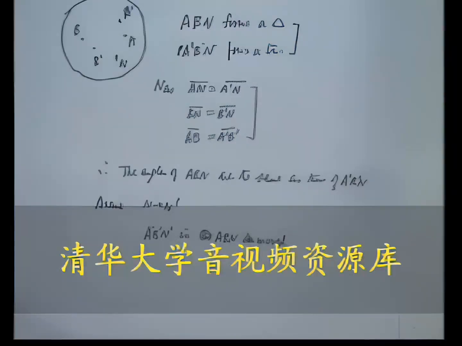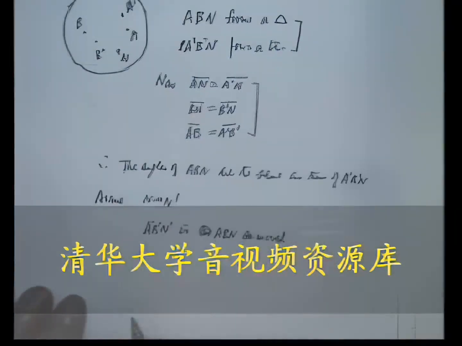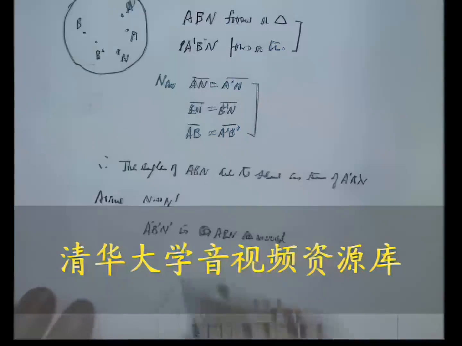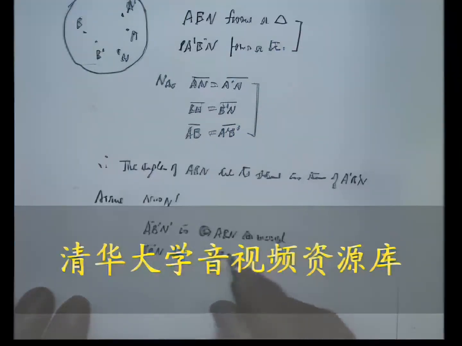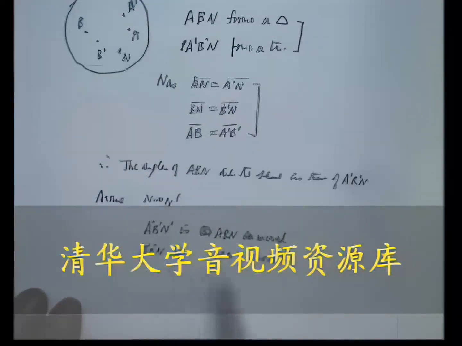Similarly, A prime, B prime, N is ABN moved. We just said A prime, B prime, M prime is ABN moved. But we just said a few minutes earlier that ABN and A prime, B prime, N are the same.